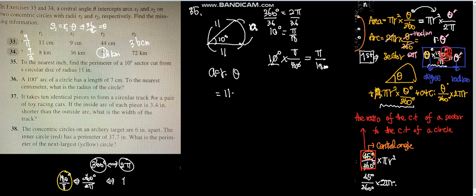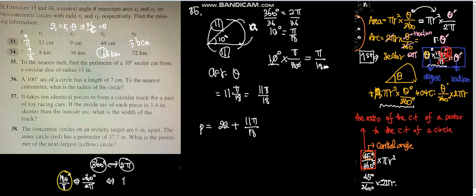Sorry, I think I miswrote this. So this is just pi over 18. So this is 11 pi over 18. Therefore, A is 11 pi over 18. Now we can calculate. 22 is the sum of the two radii, and the perimeter is 22 plus 11 pi over 18.